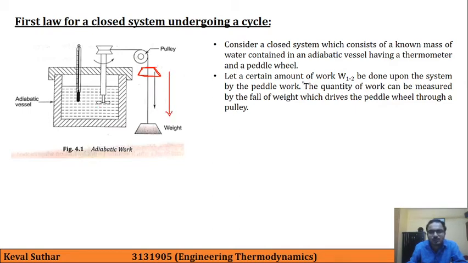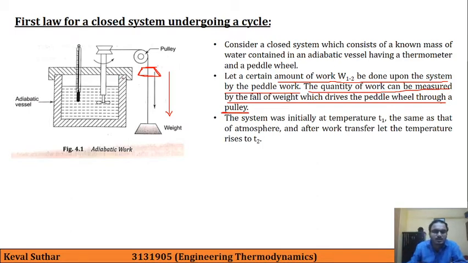So here the amount of work done is W1-2 on this system by a paddle work. The quantity of work can be measured by a fall of weight which drives the paddle wheel through the pulley. So this height will give us the amount of work done.